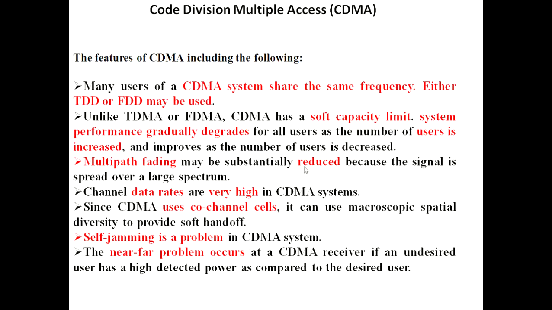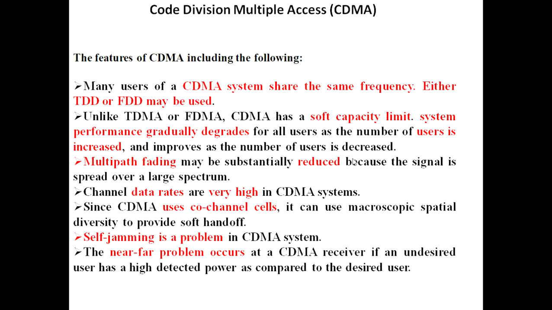CDMA shares the same frequency, either by using TDD or frequency division duplexing. Unlike TDMA and FDMA, in CDMA the performance degrades gradually as the number of users increases dramatically, and improves as the number of users decreases.